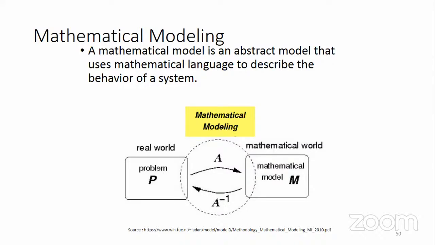So in this diagram, on the left-hand side, you have P, which is the real world problem. And then you apply mathematical modeling, and the whole process is represented by this middle circle. After this, you have a mathematical model. From the real world problem, you apply the modeling process, and then you get a mathematical model.